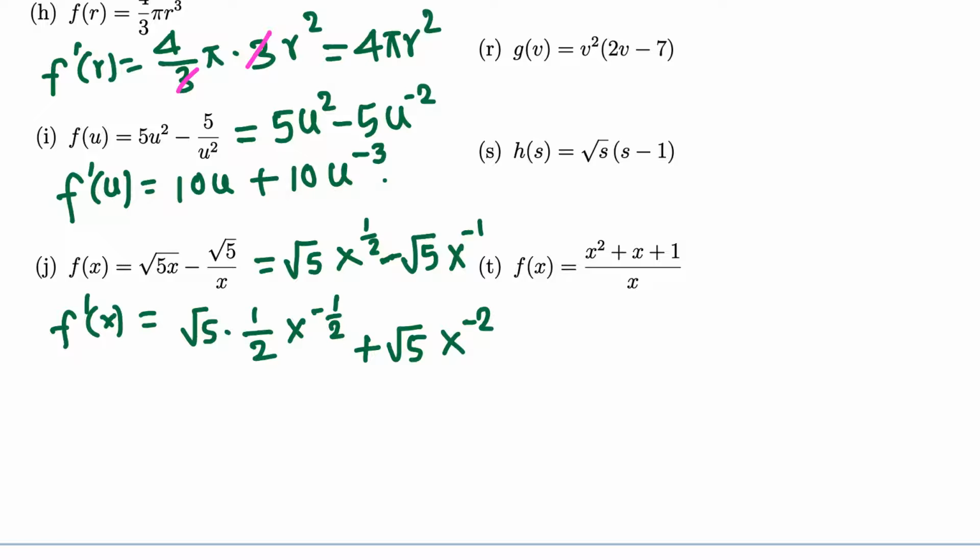This is it. You don't have to simplify, but if you like, this is root 5 over 2, negative exponent put on the bottom, x raised to 1/2, which is root x, plus root 5 over x squared on the bottom.